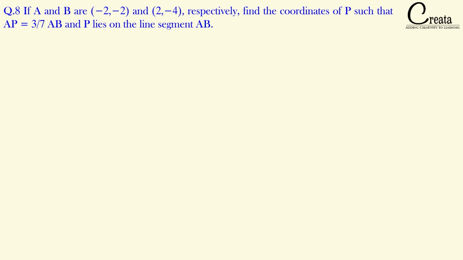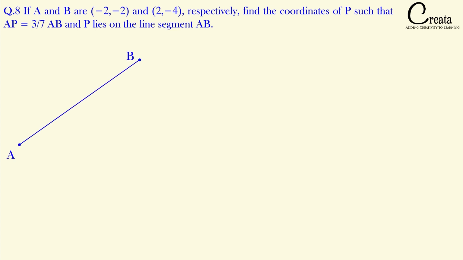If A and P are (-2, -2) and (2, -4) respectively, find the coordinates of P such that AP is equal to 3/7 AB and P lies on the line segment AB. Firstly, we will observe the question. The line segment AB is given.